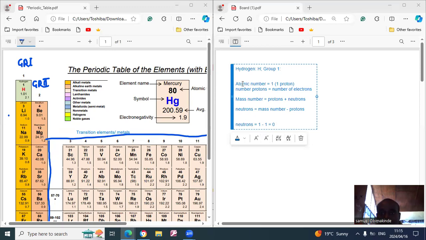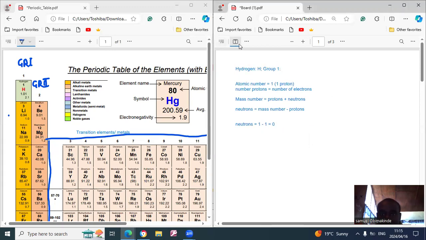Now, let's look at another example. In this case, we want to look at beryllium. So remember yesterday, I told you to practice with these different things.